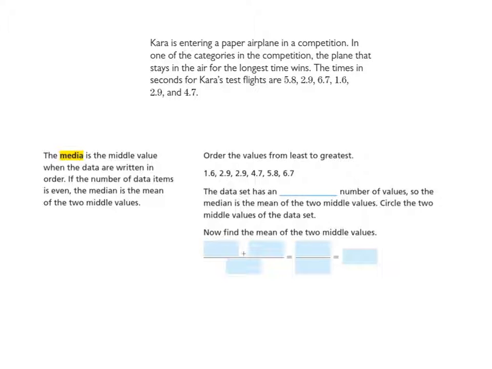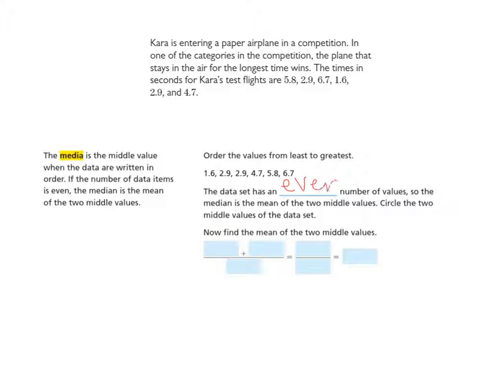So remember, we're still working with Kara and her paper airplane. We're going to find the median. They ordered it for us already. They took these numbers and put them in order from least to greatest. And the data set has an even number of values.